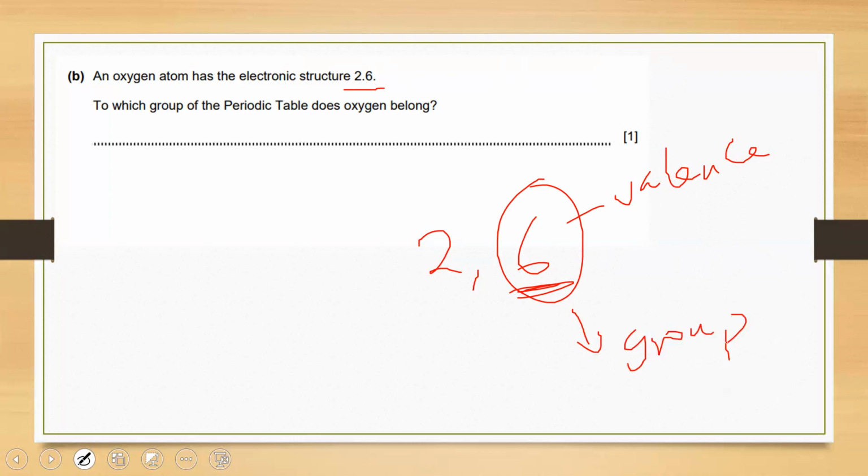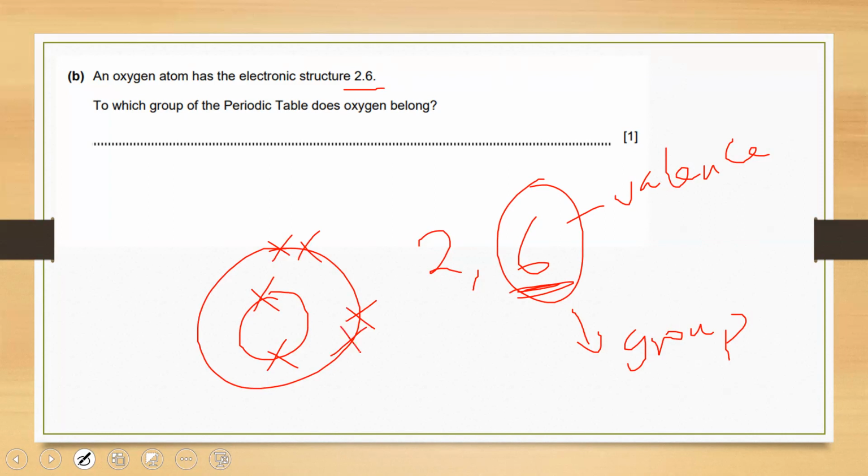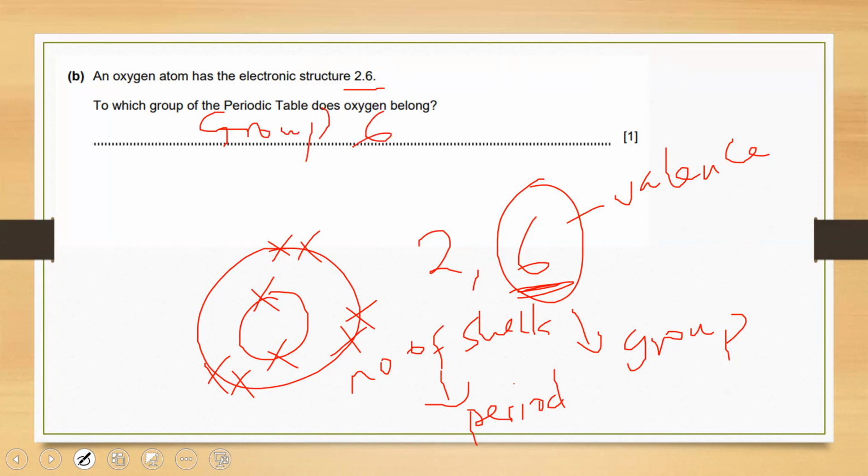If I'm to draw this, the first shell takes 2, the second shell has 6. So the number of electrons in the outer shell is 6, and that determines the group. But the number of shells determines the period. And so I can say that oxygen belongs to group 6.